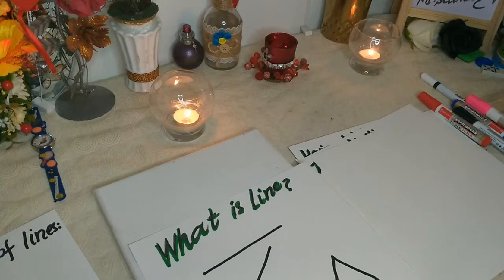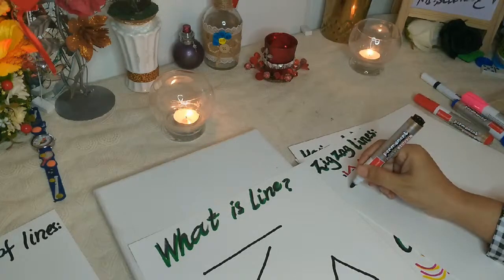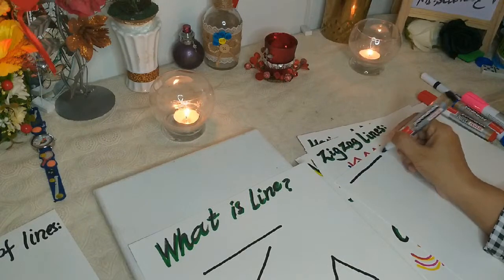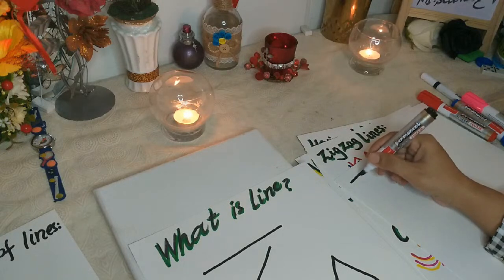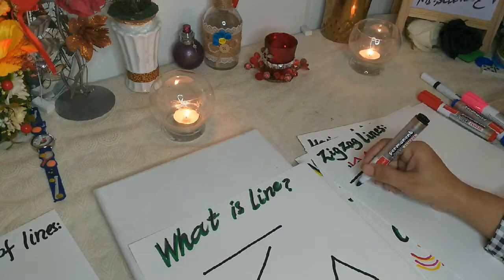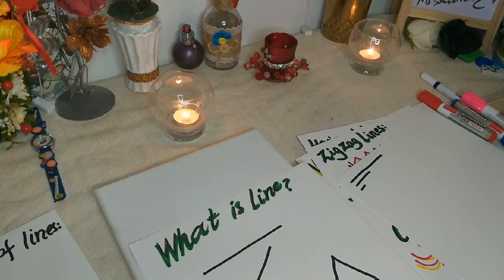So how can we get variation in lines with length? There can be variation in the length of the lines.